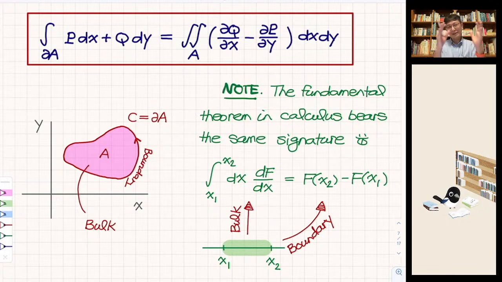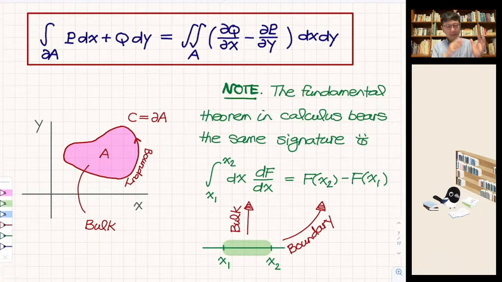That is, you have a bulk integral which can then turn into a boundary integral, but because the boundary now is trivial, that integral basically just turns into a directional sum of 2 points. And so you can see Green's theorem to some extent can be understood as a two-dimensional generalization of the one-dimensional version known as the fundamental theorem of calculus.